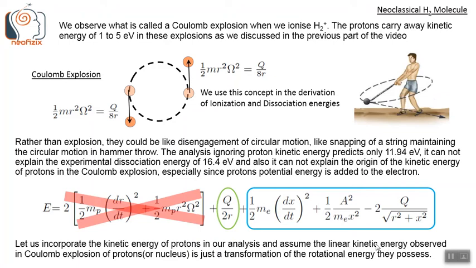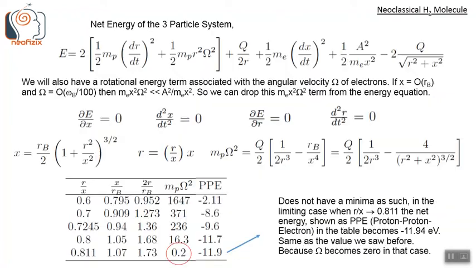And let us assume that the linear kinetic energy observed in the Coulomb explosion of protons is just a transformation of the rotational energy that they possess, this rotational energy that we show in this figure. So this rotational energy is converted to linear kinetic energy, and we call that the Coulomb explosion. So this whole equation represents the net energy of the three particle system.